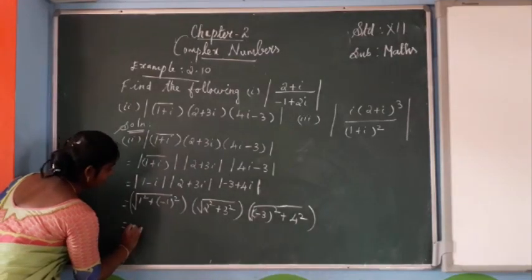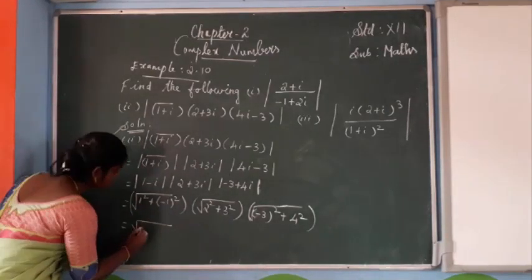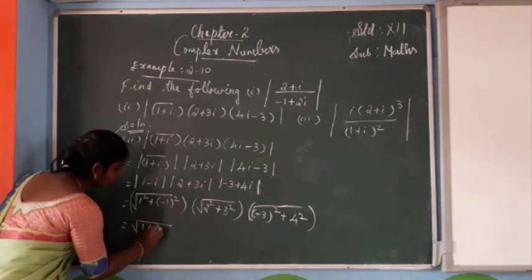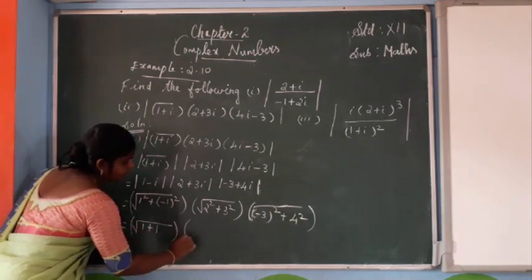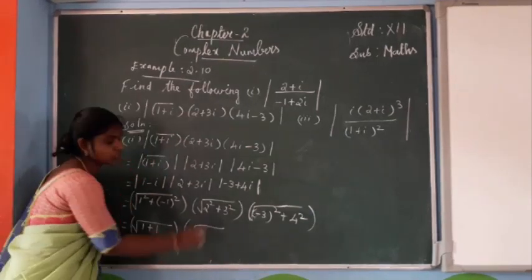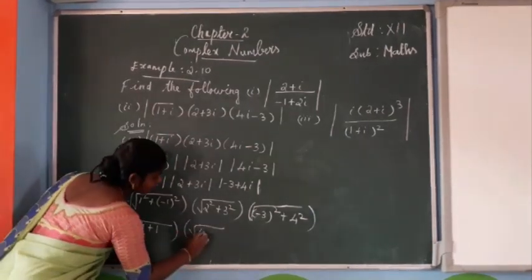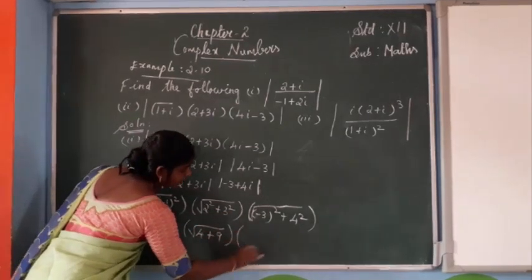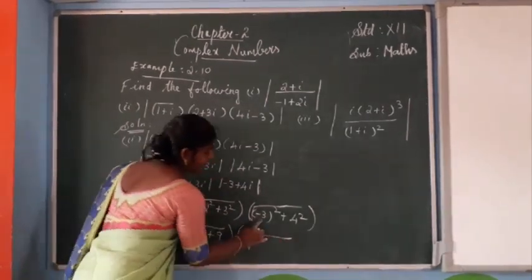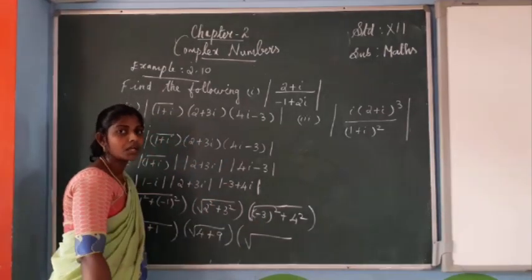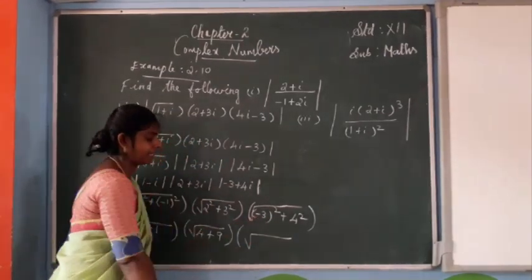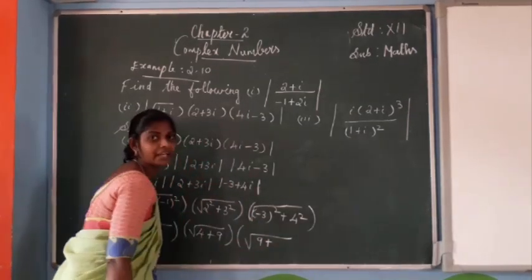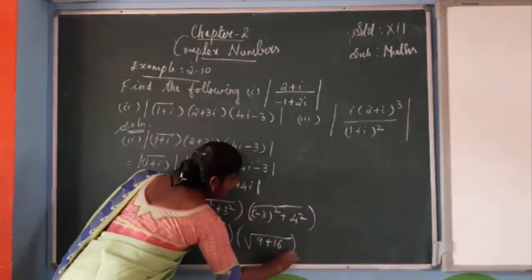That's equal to root of 1 square, value 1, plus (minus 1) the whole square, value 1, into root of 2 square, value 4, plus 3 square, value 9, into root of (minus 3) the whole square, that is 9, plus 4 square, value 16.